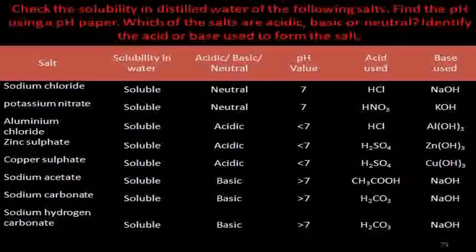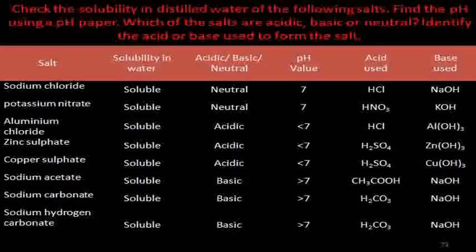So in all these salts, at the right side of the word we have chloride, nitrate, chloride, sulfate, sulfate, acetate, carbonate, hydrogen carbonate. All these radicals are responsible for solubility in water.